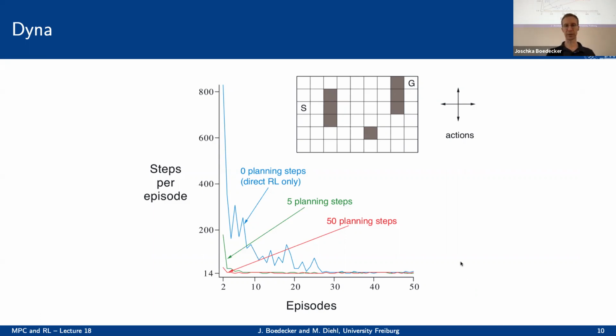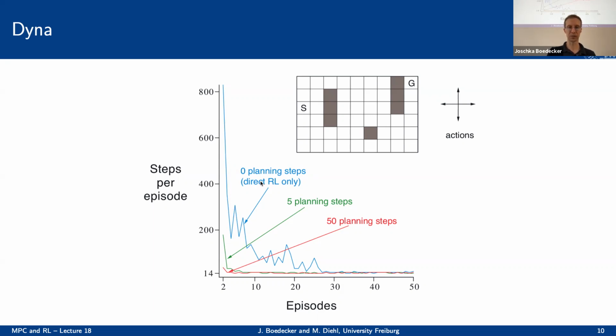So here we have this little grid world that you see here. Some start state, some goal state, and in between some obstacles. And the agent needs to get to the goal as quickly as possible. And then you see the number of steps per episode. So, in the beginning, the agent takes very long to actually get to the goal.